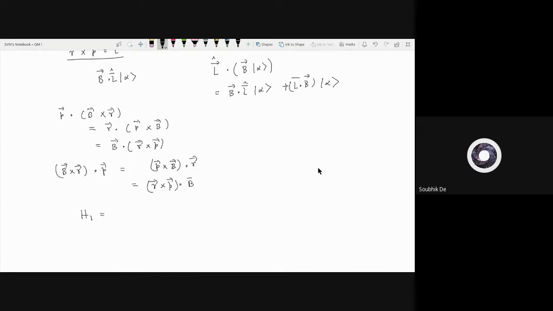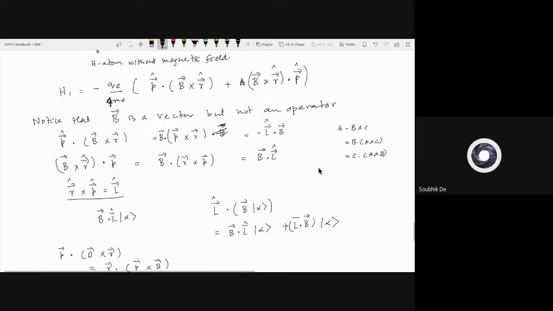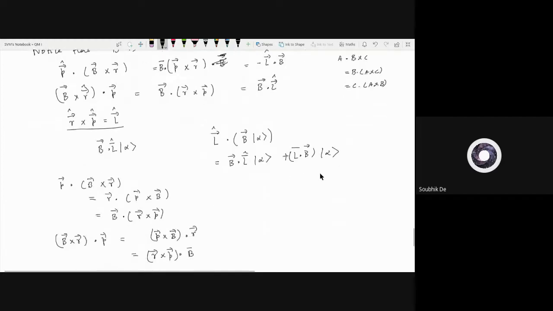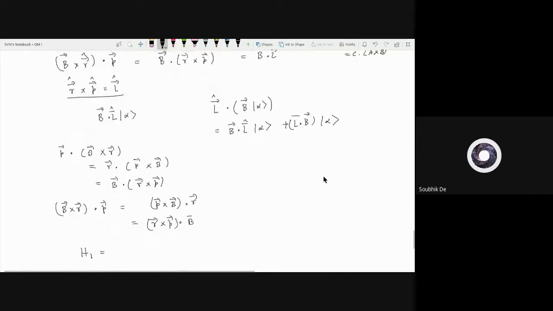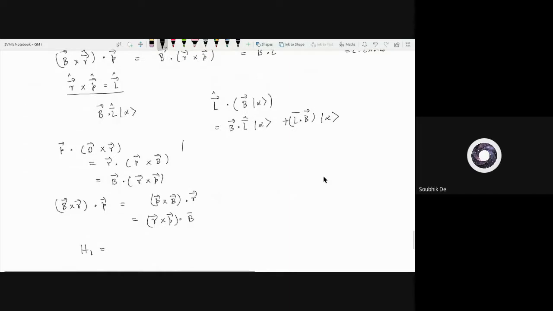That is equal to H1 is equal to minus. So I think the confusion was that the first term, B dot B cross R, I think it will come with a minus sign. Okay, so cyclically this is fine, right? So that is equal to, I will get two terms.